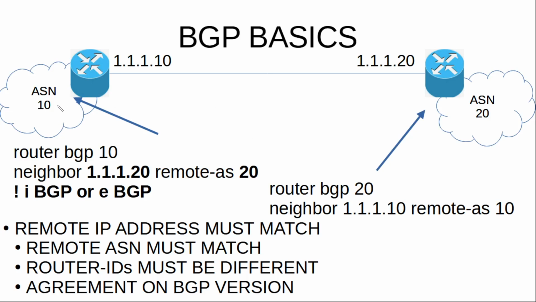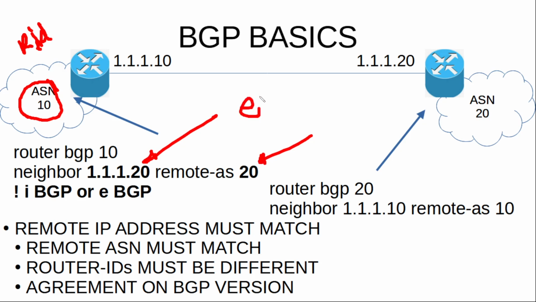Now that we have configured your autonomous system number, and after configuring the router ID, you can start configuring your neighbors. In order to configure your neighbors, you need 2 sets of information: the neighbor IP address and the neighbor autonomous system.